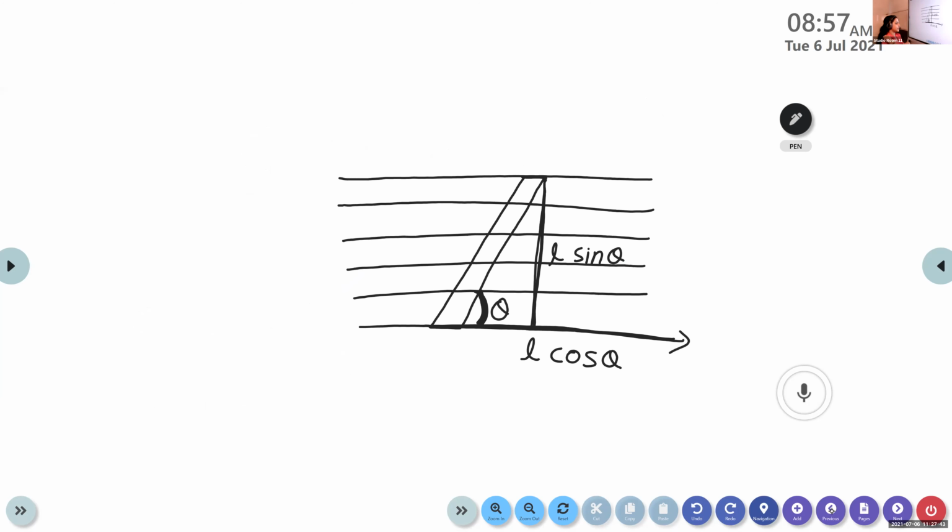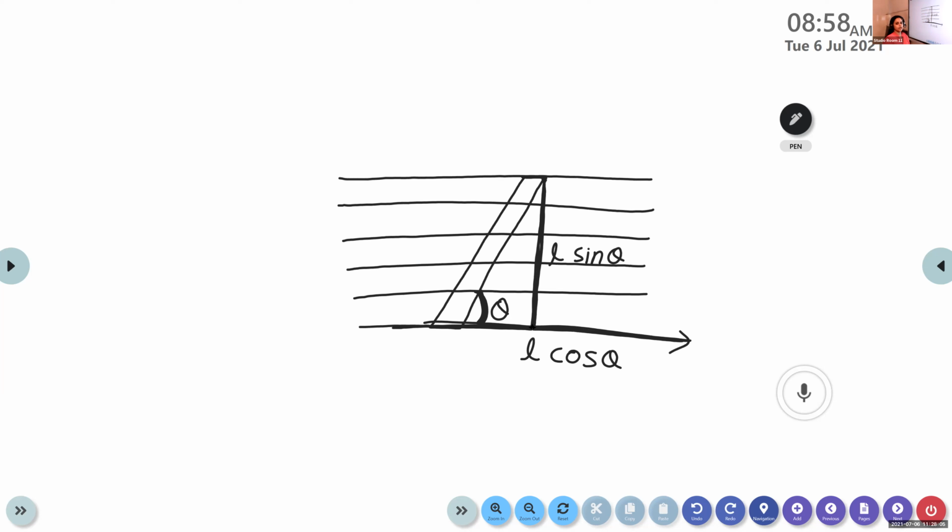What is the perpendicular distance here? Any one of the force into the perpendicular component. Here we have two components. One is the horizontal component or the parallel component, and the other is the vertical component or the perpendicular component.